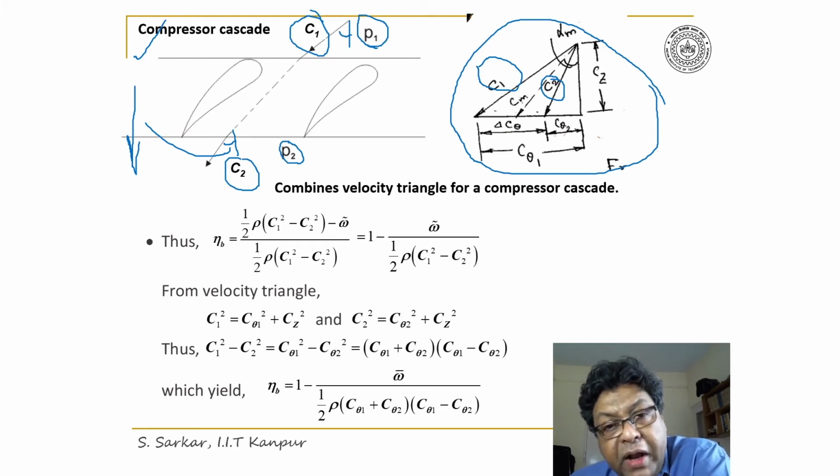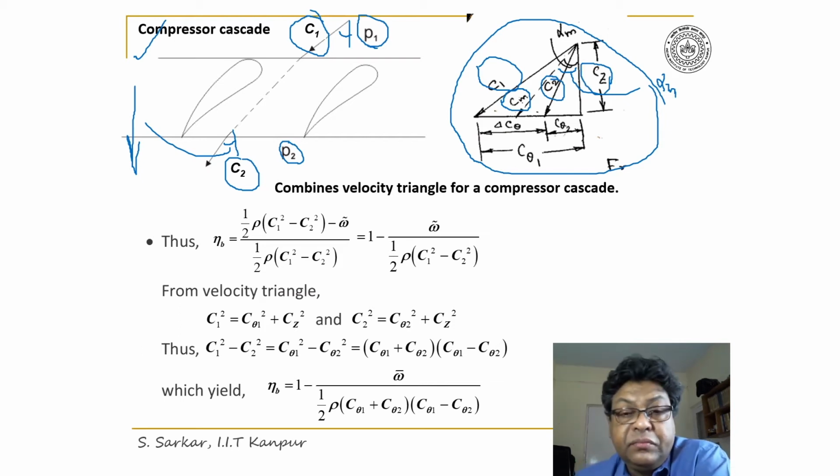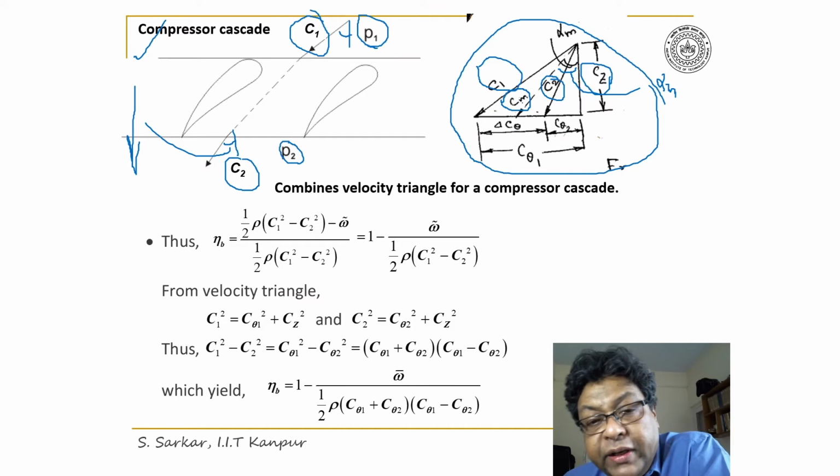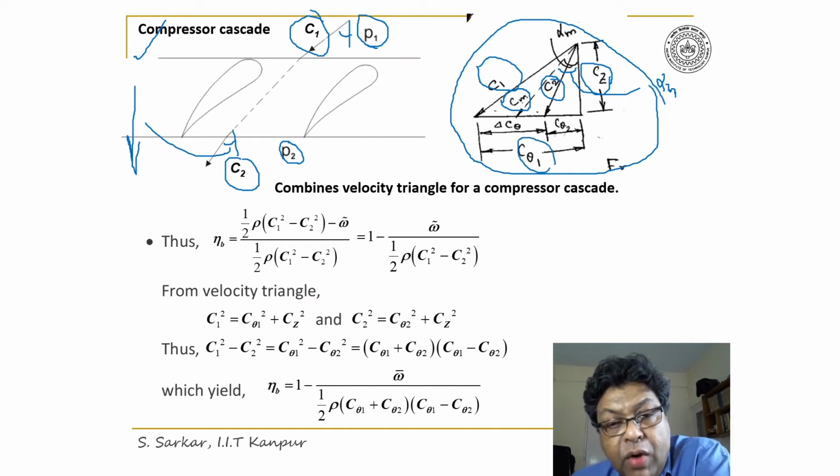And thus I have evaluated Cm, the vectorial mean velocity, and Cm makes an angle alpha m with the z axis. This is alpha m, and Cz is the velocity in the axial direction. C theta is the peripheral component of velocity. So I have defined here C theta 1 and C theta 2. And del C theta is nothing but C theta 1 minus C theta 2.